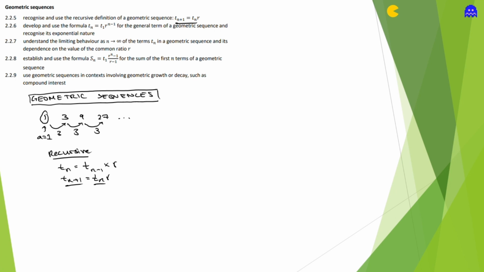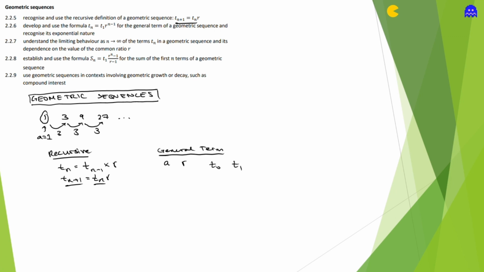If we want to look at the general term of a geometric sequence, the information that we need is the initial term a, and we also need the ratio r. And again, remember that whether we label the initial term as t0 or t1 does have a bearing on what we use here.